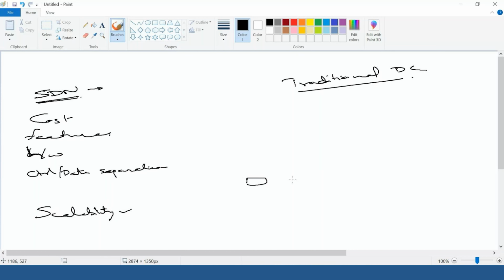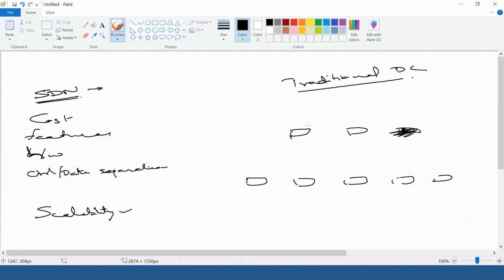The routing table update will be very less in terms of SDN, but in traditional, frequent routing table updates will be there.